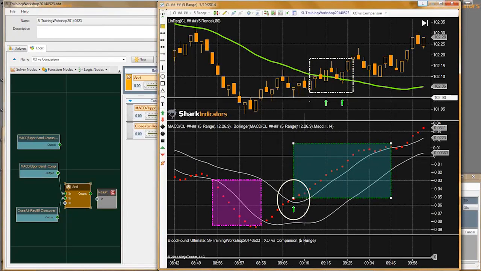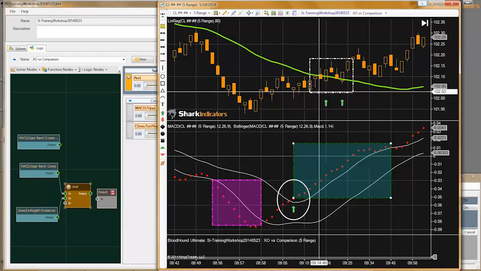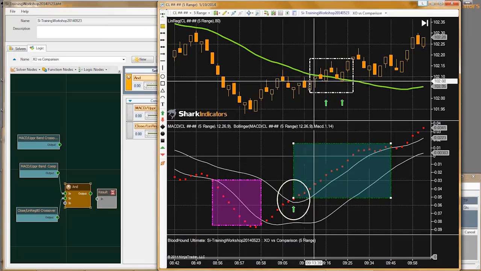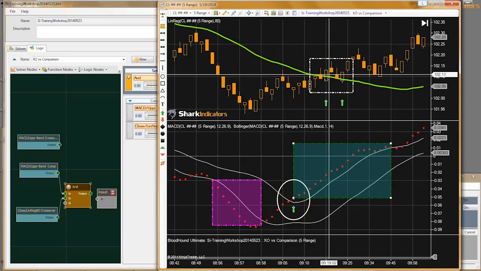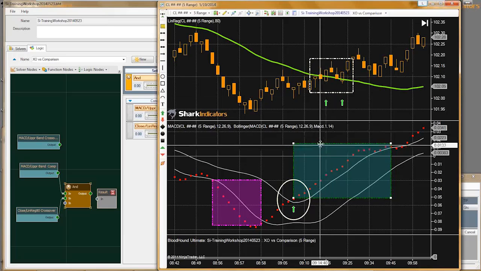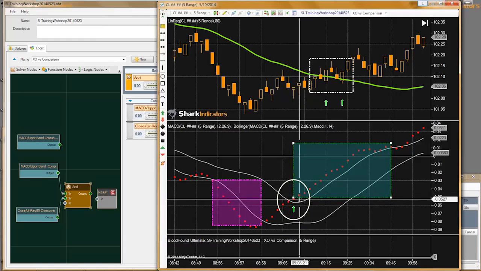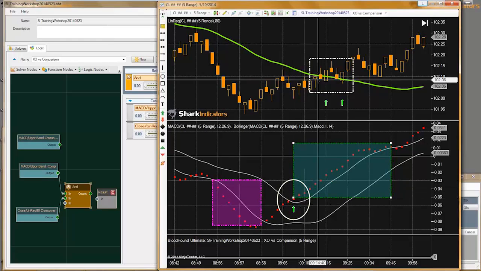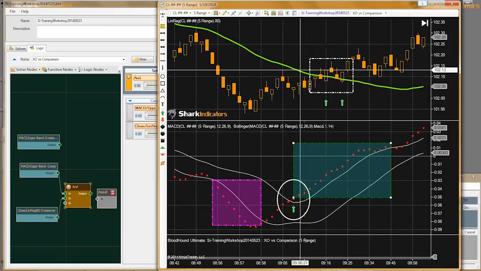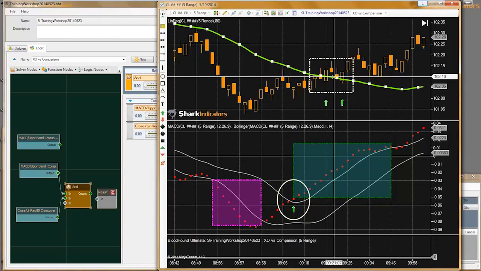And then condition number 2 is we're waiting for price to cross the linear regression in the same direction that our MACD gave us permission to take a trade. And a lot of people, the way they would describe something like this is they'll say, I want the MACD to cross above the upper Bollinger Band, and then I want price to cross above our linear regression line.